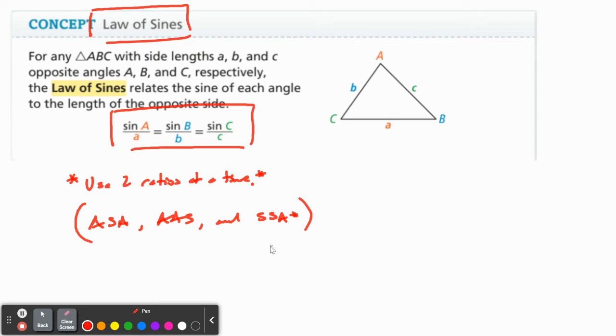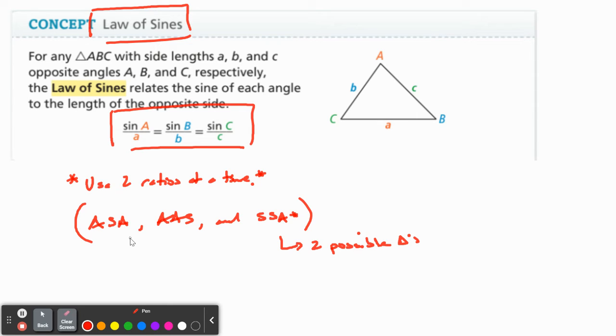Sometimes you can get two possible triangles. I think you're going to do some in your homework, and we'll leave that for your bell work and practice. Notice that if you have two angles, you can pretty much always use the law of sines, because you can always find the third angle, and then you have an angle and side opposite pair.